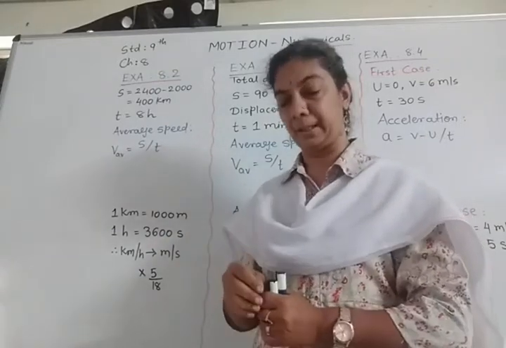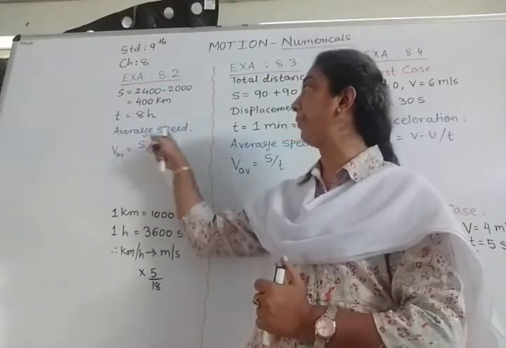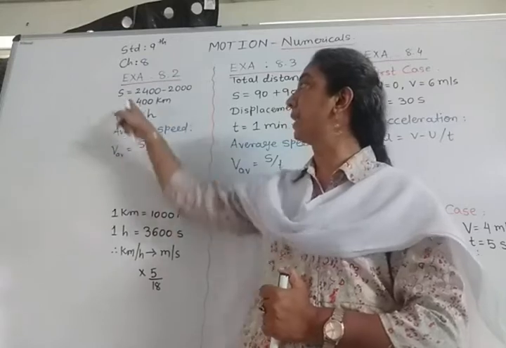First, let us complete the first part, and for that the formula is average speed equals distance upon time.